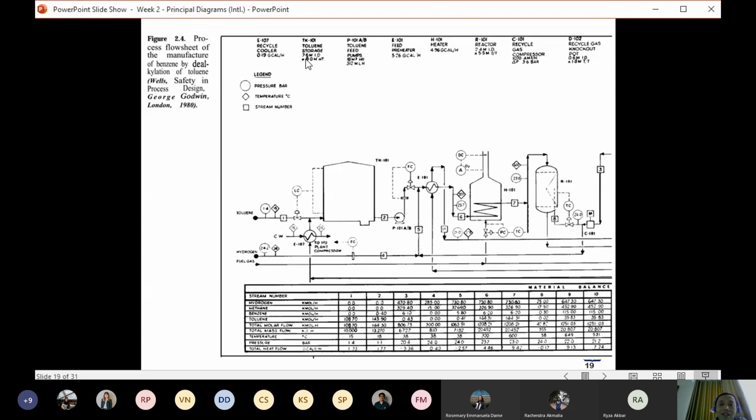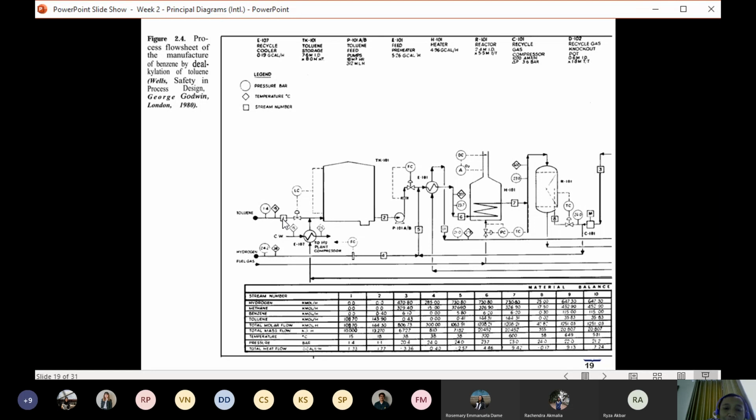For example, in this one, it is 7.6 meters in terms of ID and 1.0 meter in terms of height. So they give you the basic information: the code, the name of the unit operation, and then the basic dimensions. And every line, every stream, they put a number.